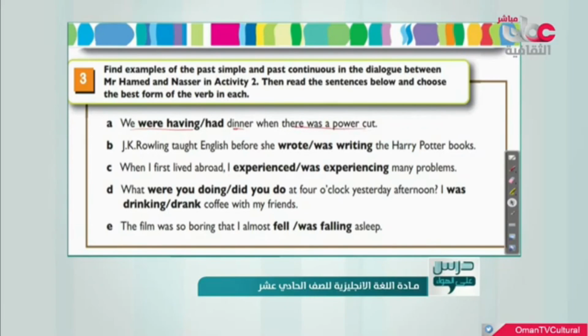One of them is longer, and the second one is shorter. It indicates that the power cut is the interrupting action. So we were having dinner when there was a power cut.